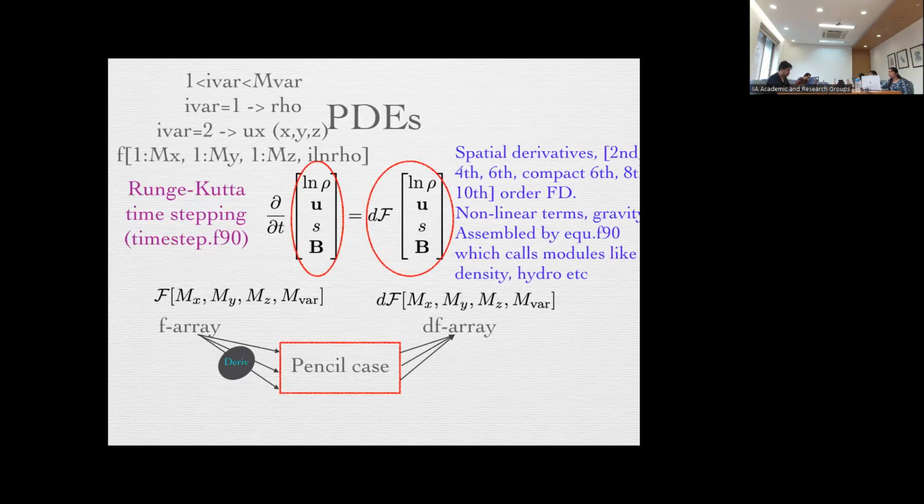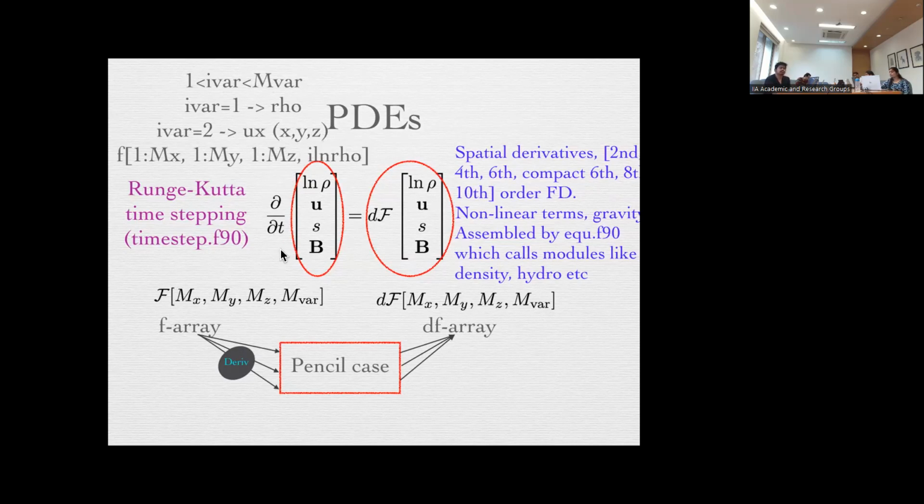Now I already mentioned, and other people also did, like Philip, I think, and maybe also Naveen, about the f and df arrays in the Pencil Code. The f array basically stores the physical variables, and the df array stores the right-hand side of the equation you are trying to evolve.